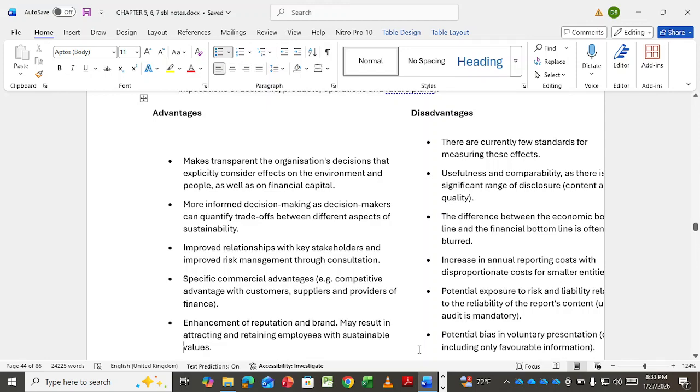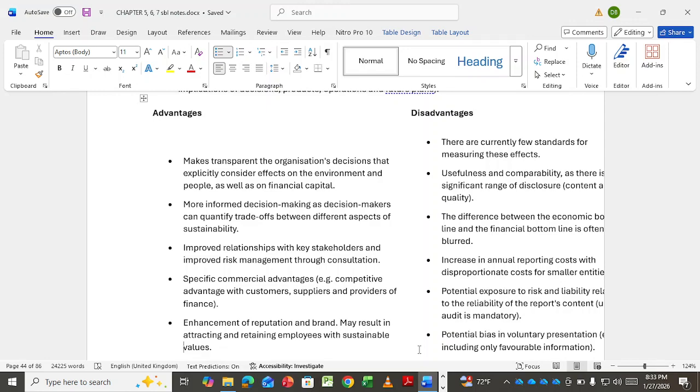Some of the advantages include that they help to increase transparency in the organization's decisions in terms of the environment and the people, as well as the financial capital. They also give more informed decision making, as decision makers can quantify the trade-offs between the different aspects of sustainability.